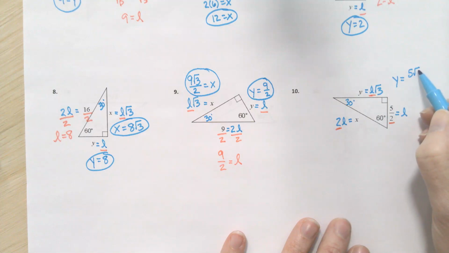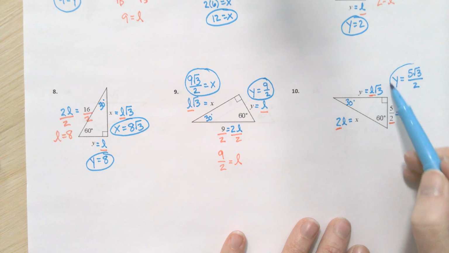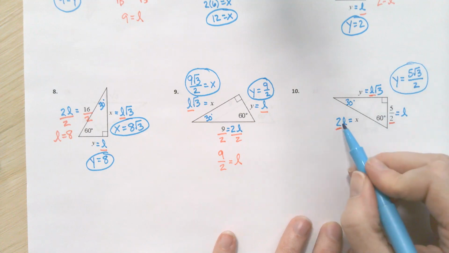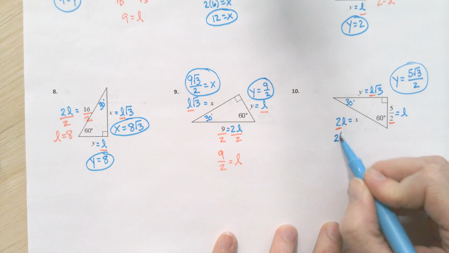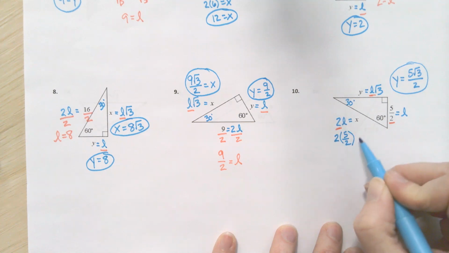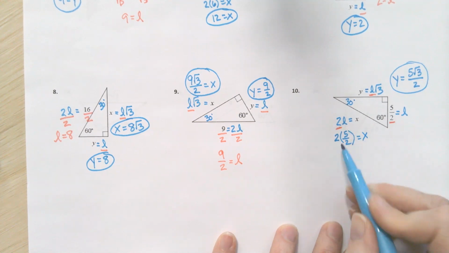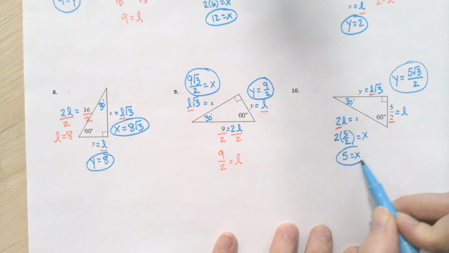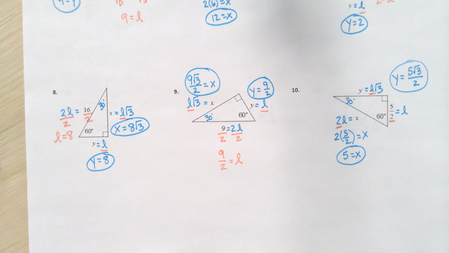So that 5 root 3 over 2 will be my y. The root 3 joins the 5 in the numerator. And then over here, I'm going to need to do 2 times 5 over 2 to find my x. That's really 10 over 2 or just 5 when we simplify.